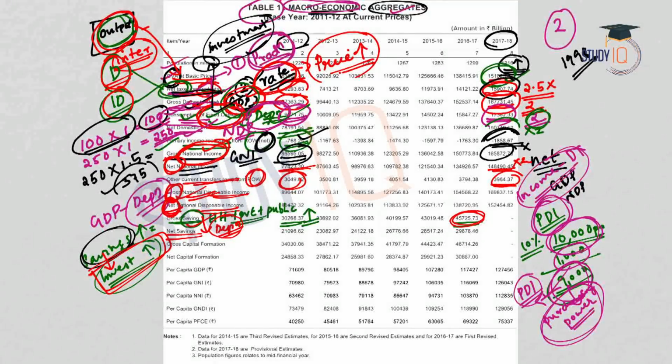Now before going into gross capital formation, we will see the impact of national disposable income on the economy. So here we will see the gross national disposable income has almost doubled. This can be due to two reasons. One reason is that the income of individuals increases.